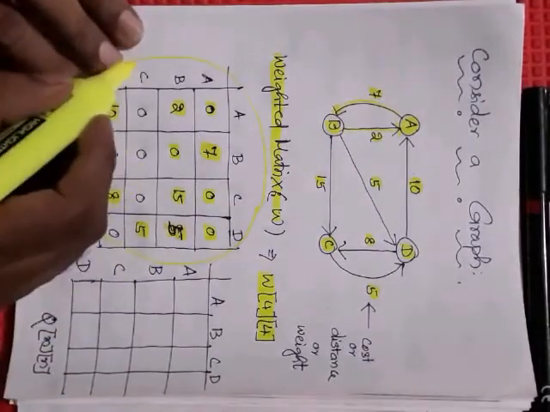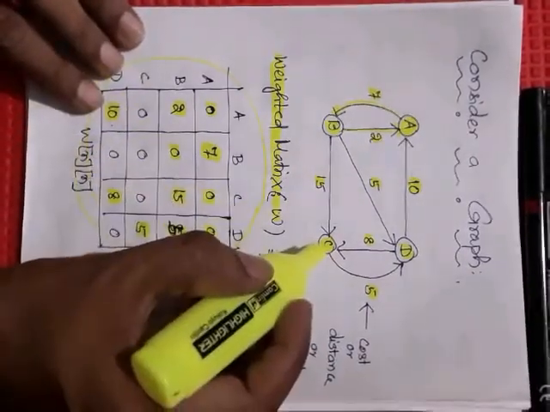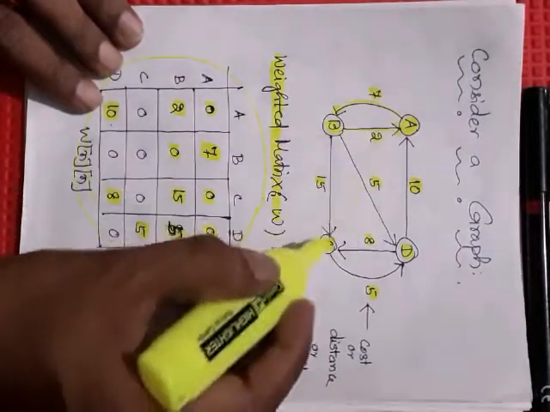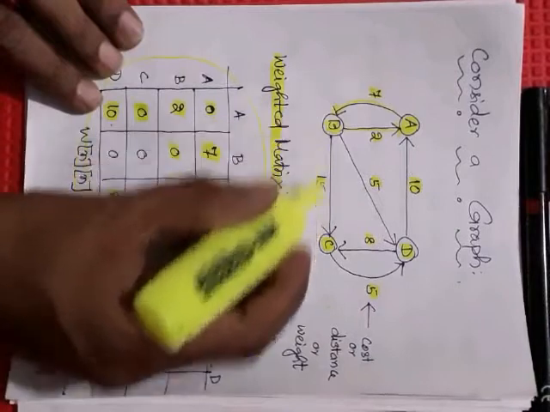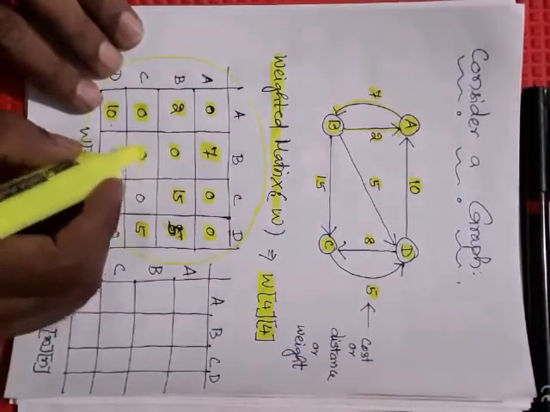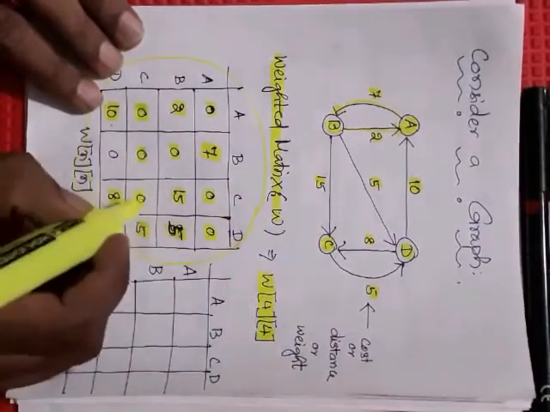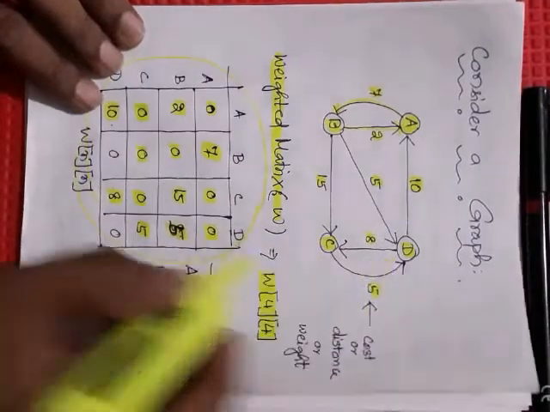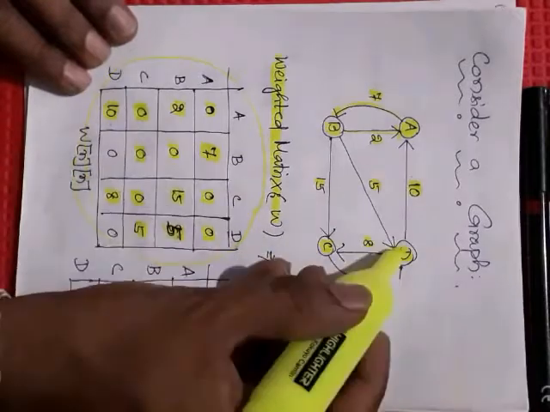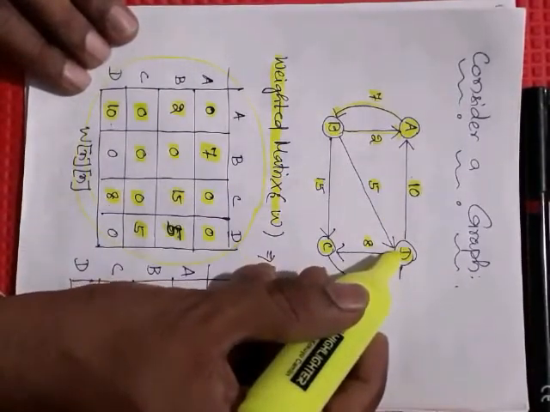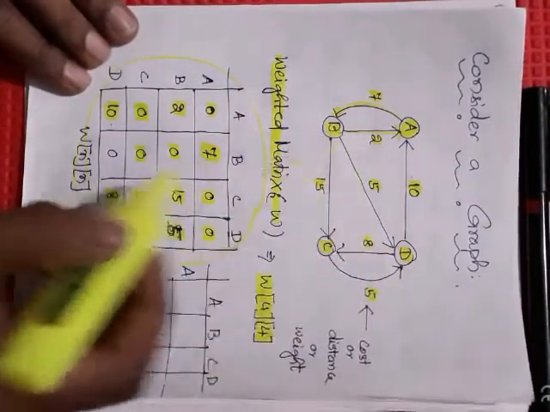Now similarly C to A, there is no edge, so it is 0. C to B also it is not there, 0. C to C there is no self loop. C to D it is there, the value is 5. Similarly D to A is 10, D to B it is not there, 0.